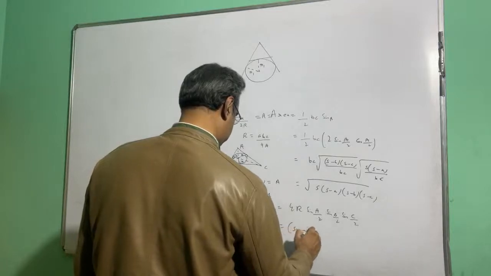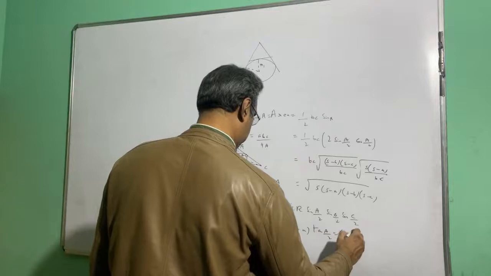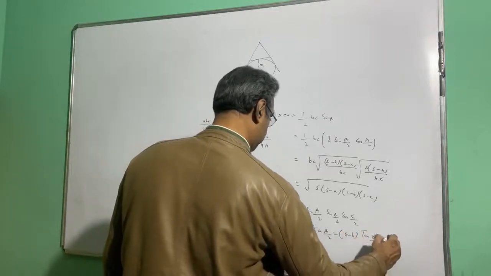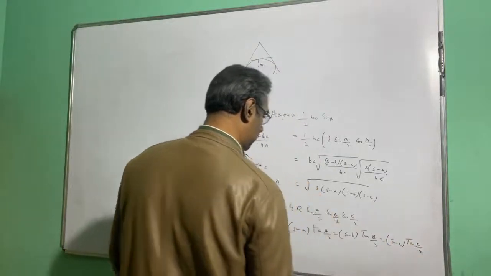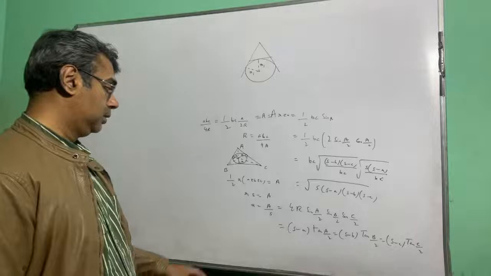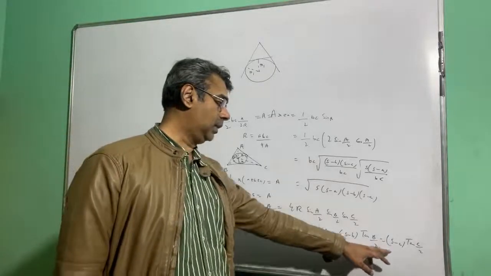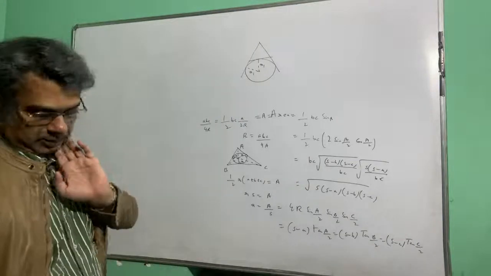Small r can also be written as (s minus a) into tan A by 2, or (s minus b) into tan B by 2, or (s minus c) into tan C by 2. These are all alternative formulas of small r.